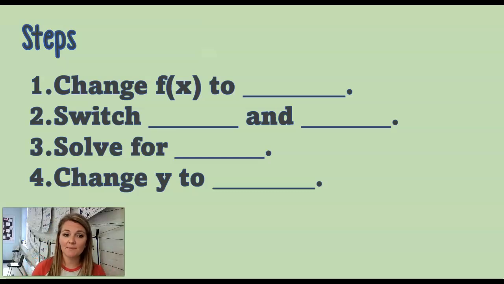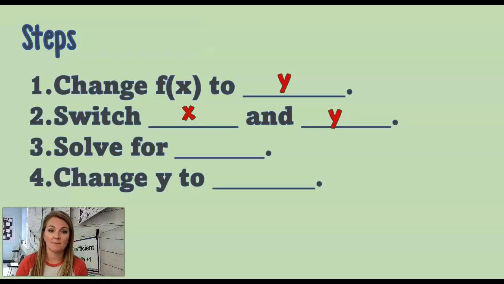So we have 4 steps. You're going to first change f of x to y, and then switch your x and your y. Now that we've done inverses so many times, it is often perfectly fine to do those 2 steps together, where you change y and switch at the same time. I often do that in class, or when you see me do it in a key. So if you want to combine some steps, you can go ahead.